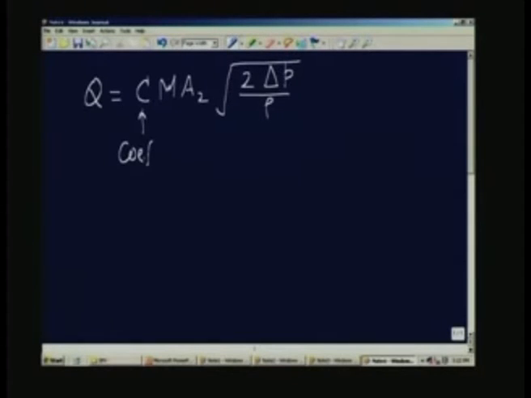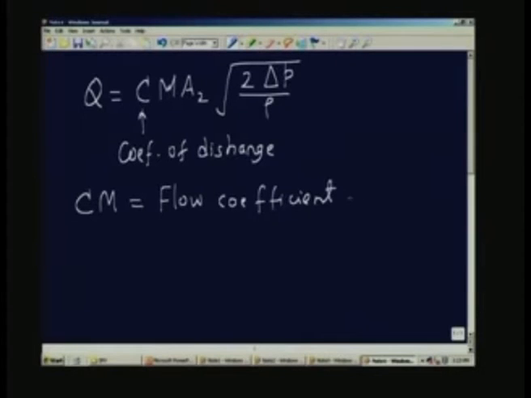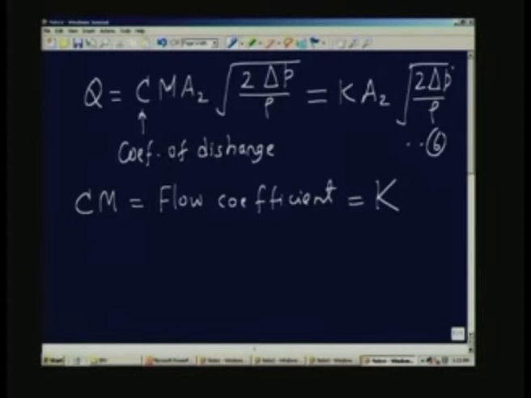So, I will say Q equals C into M into A2 multiplied by square root of 2 delta P by rho, where C is the coefficient of discharge, and this quantity C into M, the product of the coefficient of discharge and the velocity of approach factor, is referred to as the flow coefficient, which is usually given the symbol capital K. So, we can also write this as K A2 square root of 2 delta P by rho. So, we can call this equation number 6.